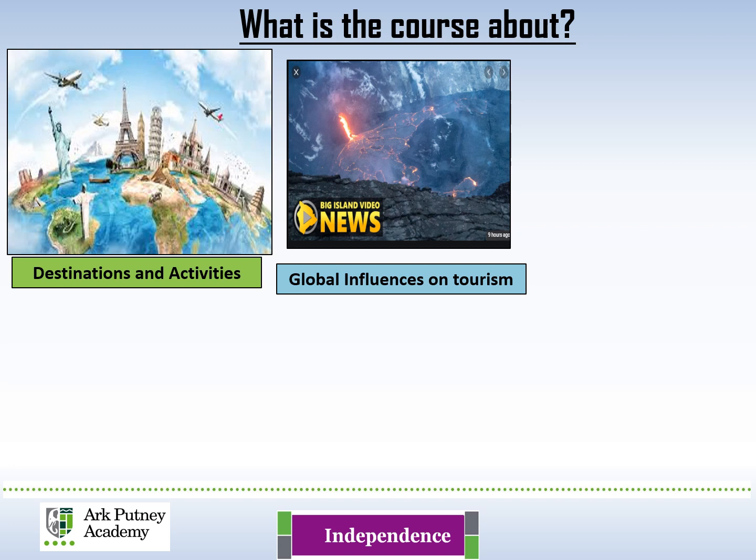Those are all political influences on tourism. And the third one that we look at in this category is the economic influences on tourism. And economic, of course, meaning anything to do with finances and money. So the economic influences on tourism and also the impacts.